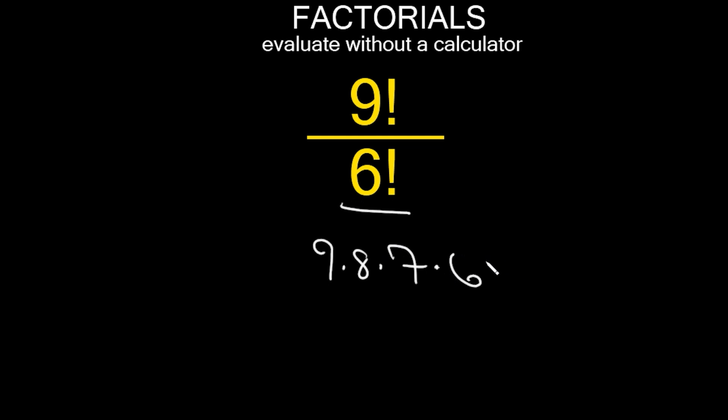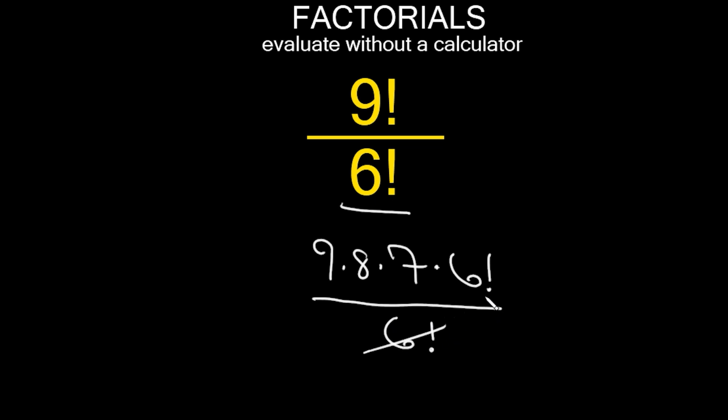I could actually write this as 6 factorial, and essentially that's telling me to now do 6 times 5 times 4 times 3 times 2 times 1. But since I also have it on my denominator, they'll cancel out. So for example, I have a 6 factorial on my denominator.